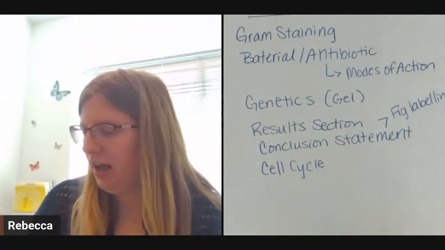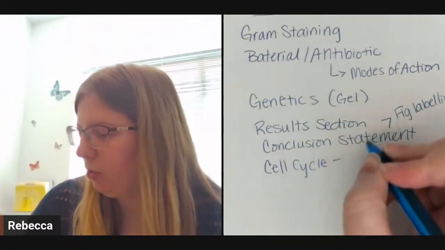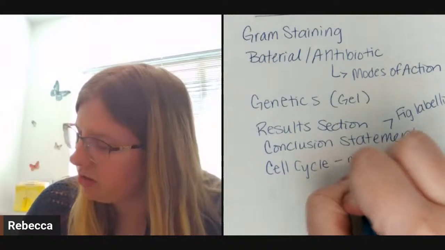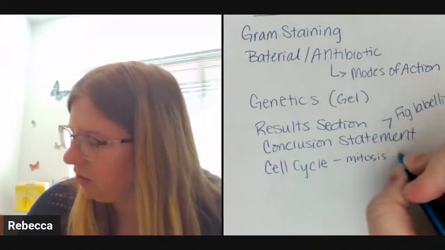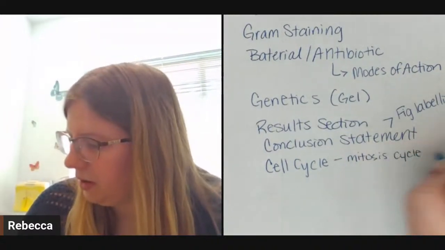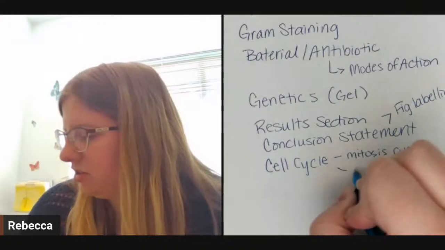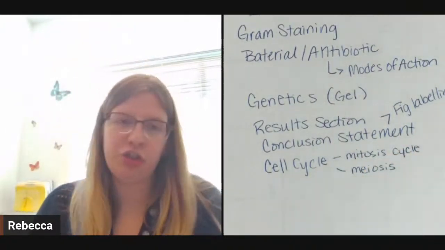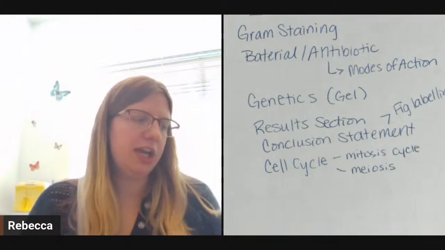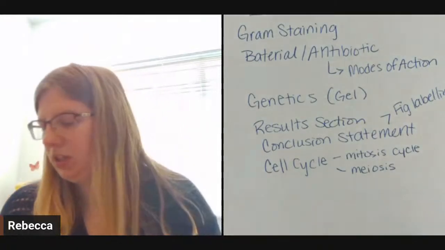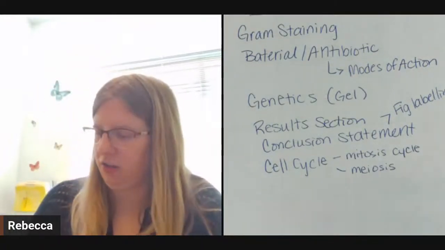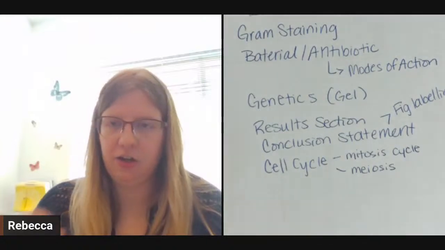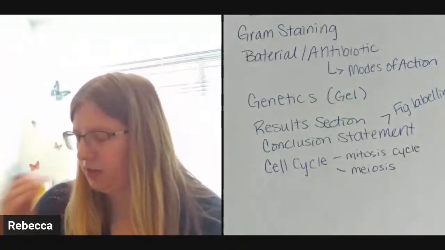So this was both the mitosis cell cycle, but also the process of meiosis, right? So just generating new cells versus creating gametes, those sex cells, which kind of leads into our genetics lab that we had earlier this year.